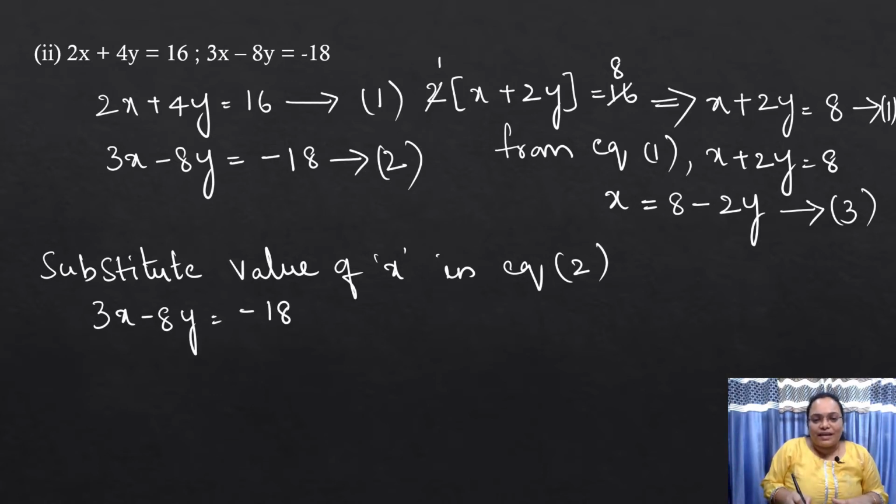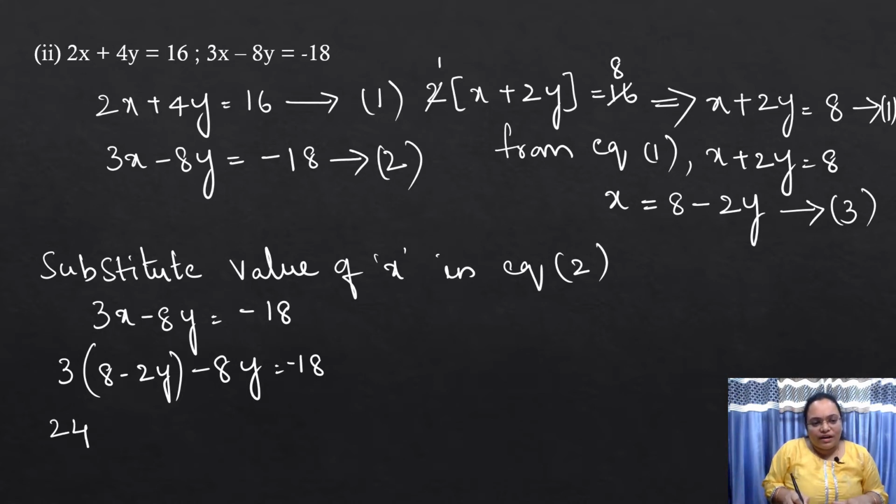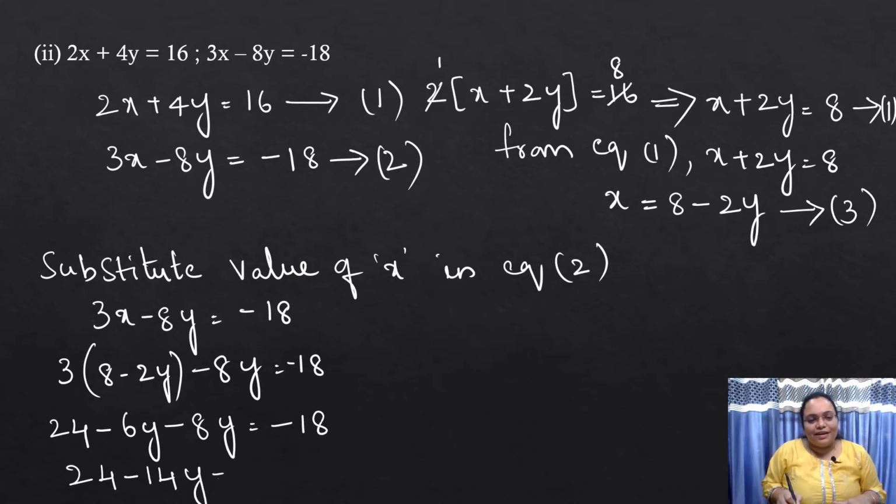The value of x is 8 minus 2y, so 3 into (8 minus 2y) minus 8y is equal to minus 18. So 3 eights are 24. 24 minus 6y minus 8y is equal to minus 18. So this is 24 minus 14y is equal to minus 18.